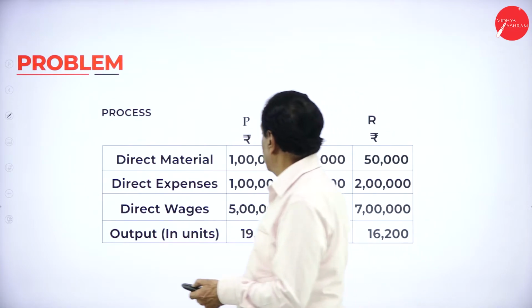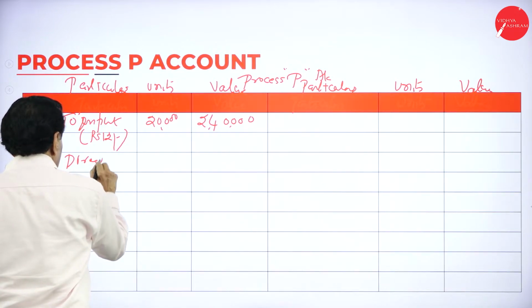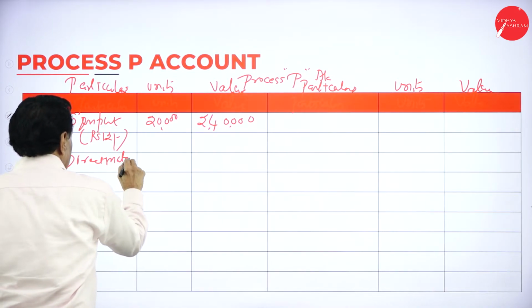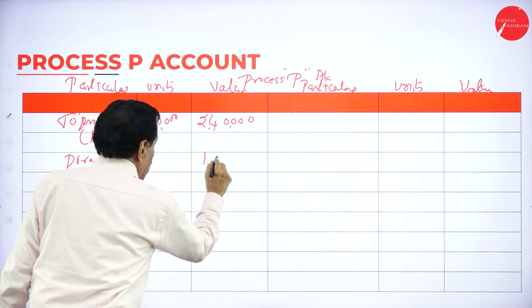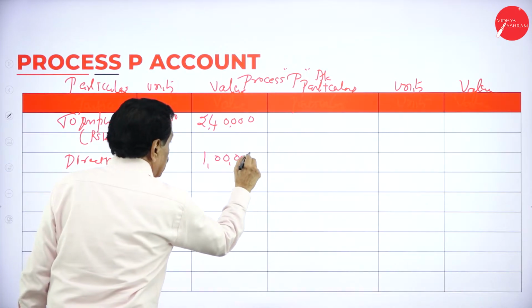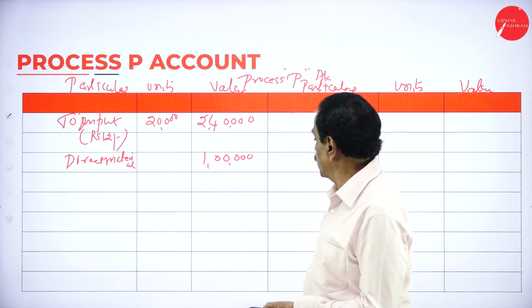Then direct material, another expenditure, 1 lakh. Direct expenses 1 lakh.